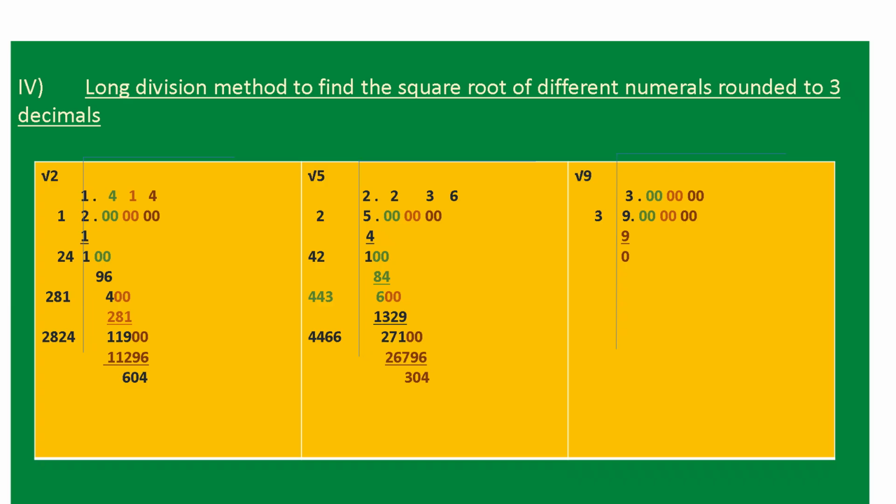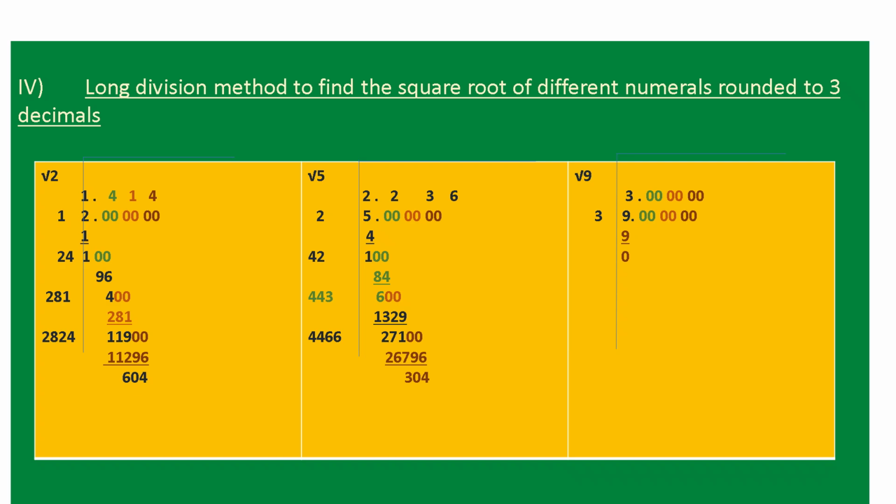In normal division, you bring down only the next one digit. But for finding the square root using long division, you have to bring down the digits in sets of 2. So I will bring down the first 2 zeros, the green zeros which I have color marked so that you can better understand. Now, how do we get this number 24, which you need to divide the 100 with?